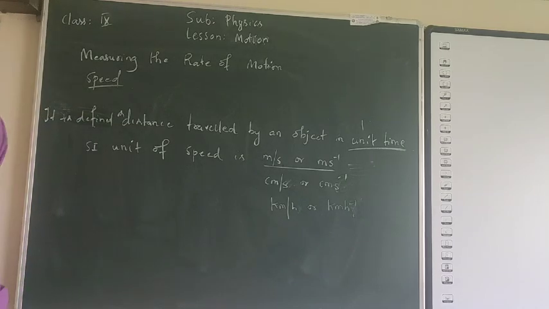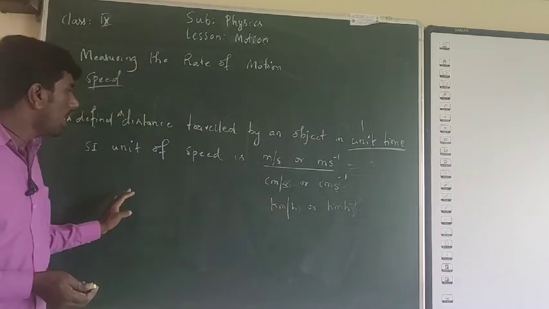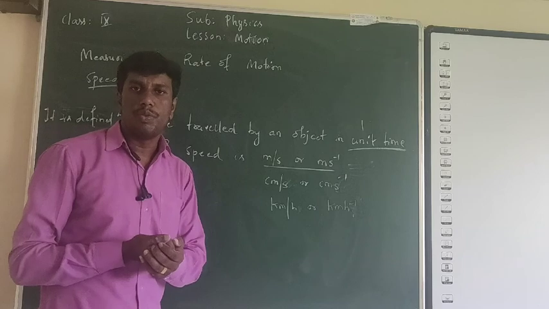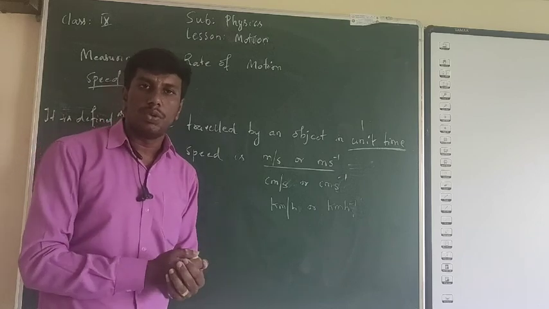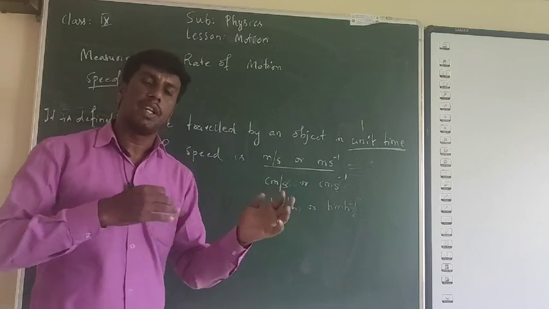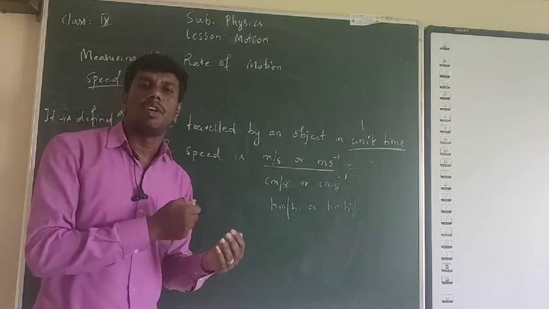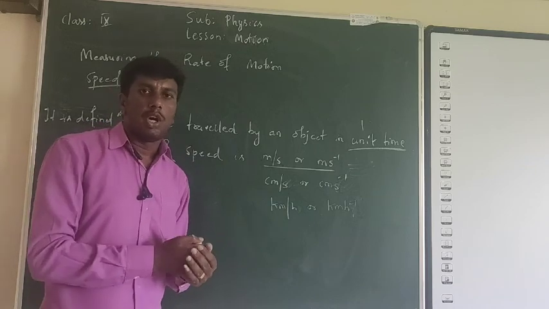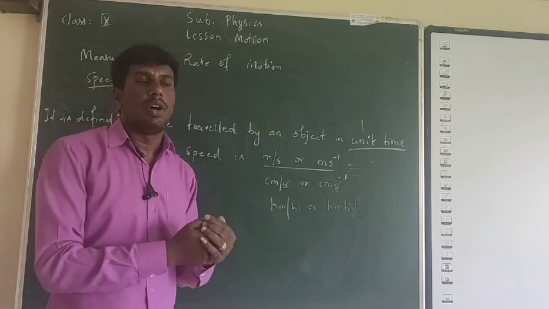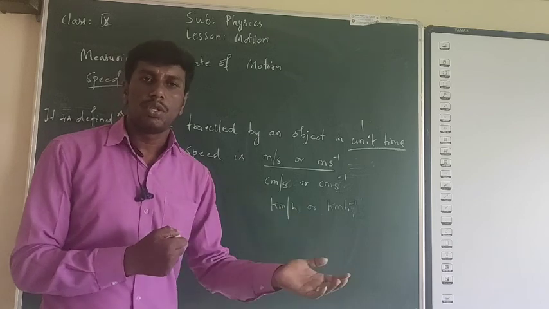So to specify the speed of the object, we need its magnitude. That means its magnitude is enough to specify the speed, whether the object is moving very fast or very slow.